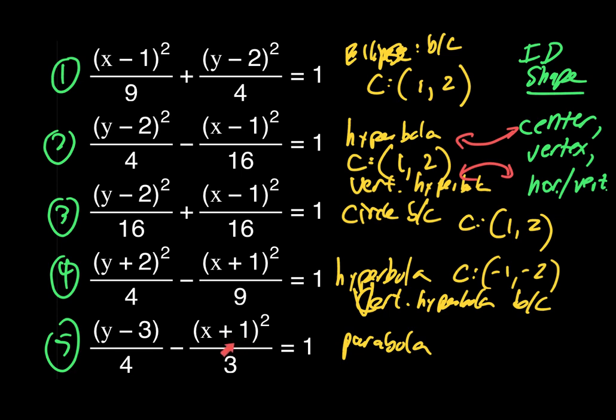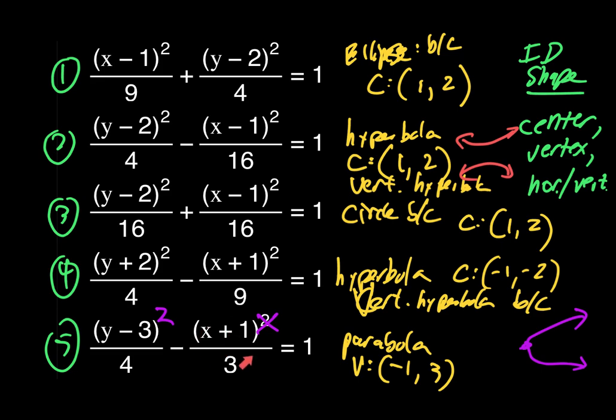It is a vertical parabola because the x is the squared value. If it were the other way around, if this were missing and this was squared, then it would be a horizontal parabola, where it would be like this with the vertex. All other things would still be the same in terms of the center, or in this case, the vertex, which is -1, 3.